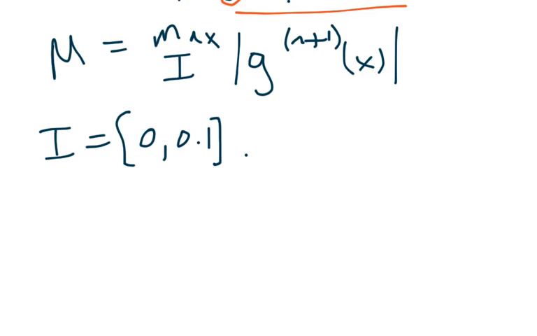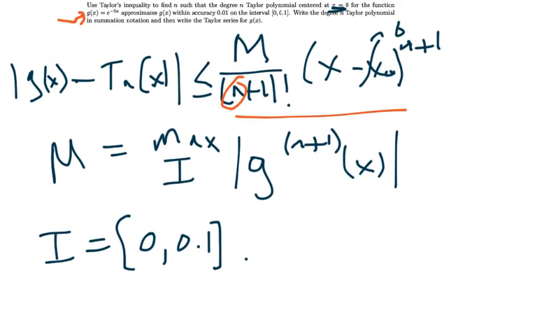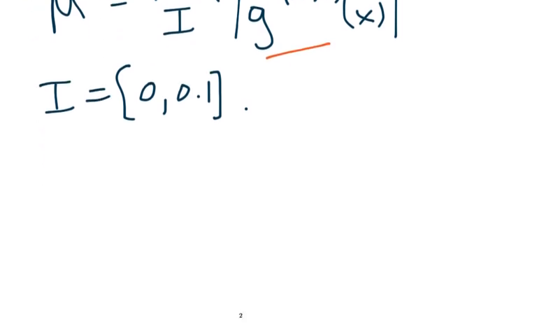The other thing is that whenever you do this sort of thing, we're going to have to find a pattern for the derivatives, because we need this for arbitrary n. We're going to have to be able to write this in terms of n, as a variable. Well, let's start. We have g of x equal to e to the minus 5x.